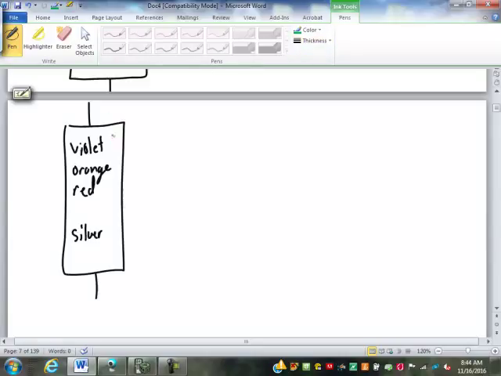So violet stands for 7, orange, 3, red, 10 to the 2, right? So it's 7,300 ohms plus or minus 10%.